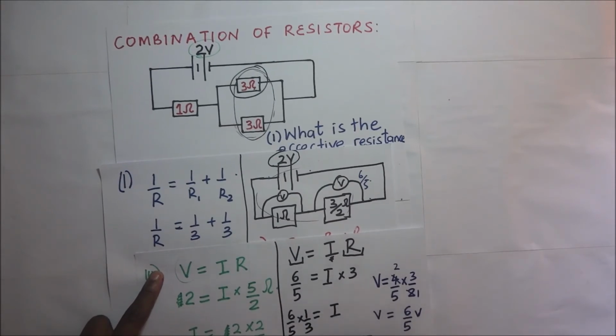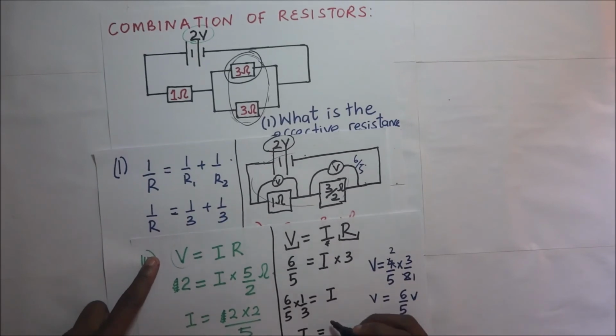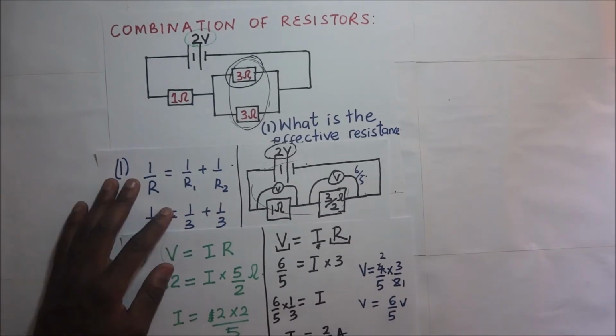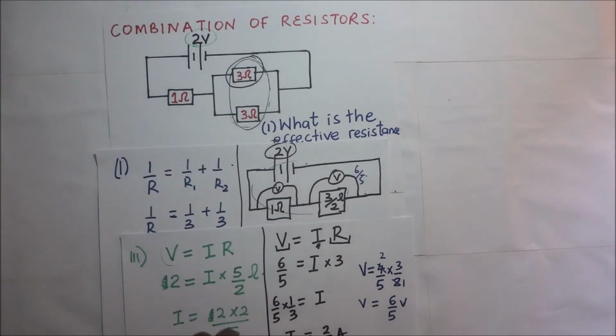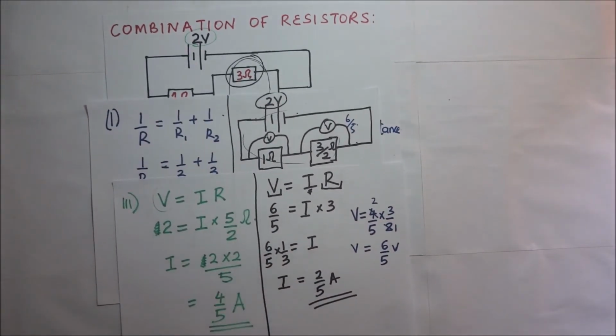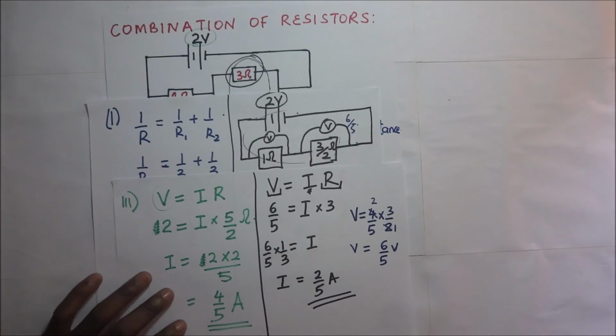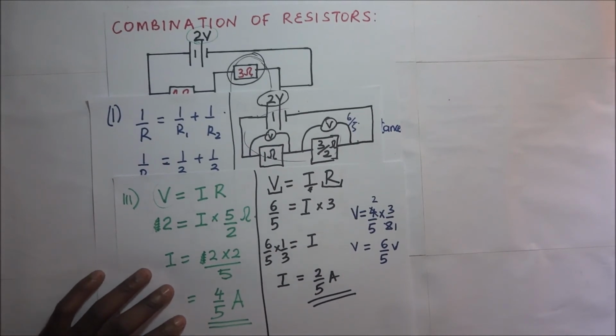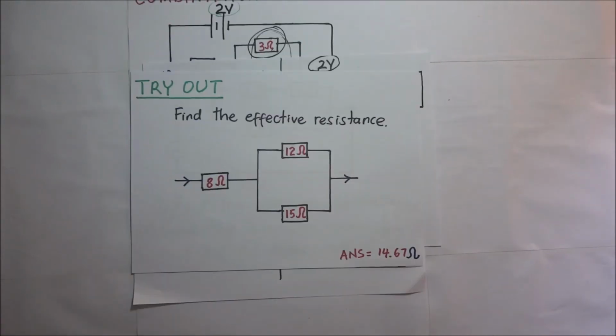And when we make I the subject of the formula, we end up with 2/5 amperes. So the amount of current flowing through the 3 ohm resistor is 2/5 amperes, or call it 0.4 amperes. You could try that number and see if you get the answers.